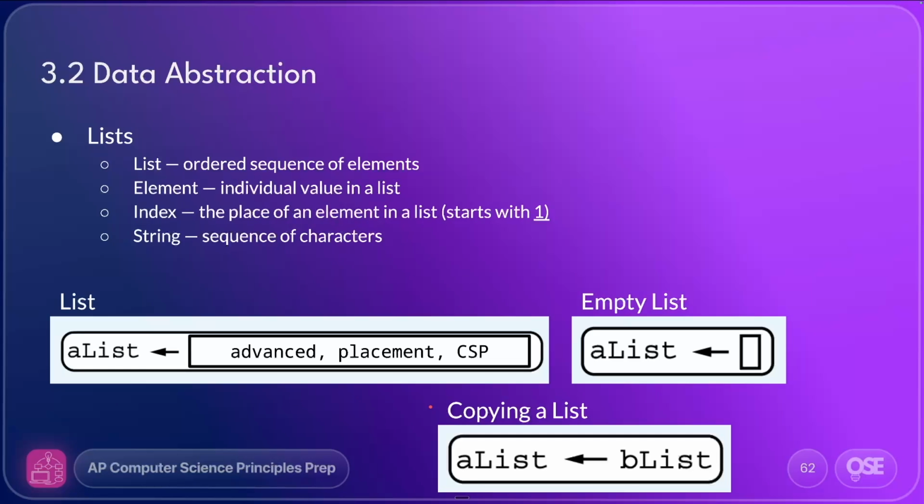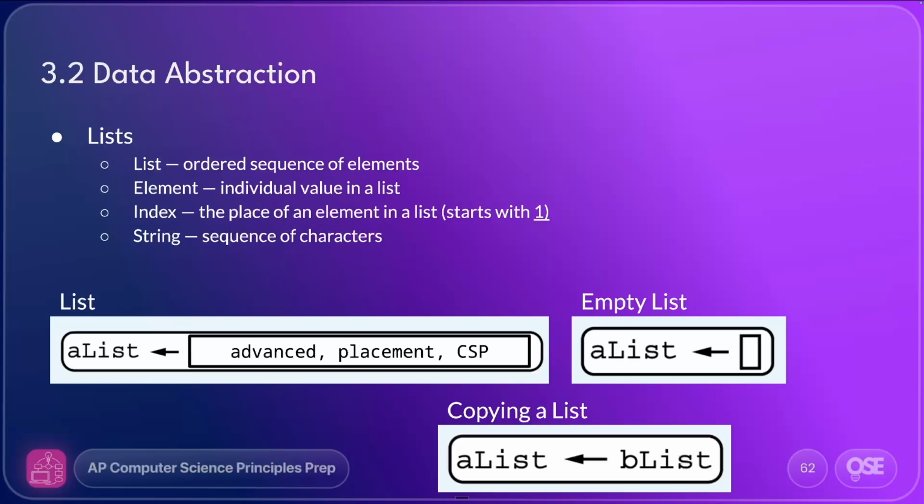Data abstraction. First data abstraction we're going to learn is a list. A list is an ordered sequence of elements, and each element is an individual value in the list. So for example, advanced placement in CSP, all of these are separate elements. Index is where an element starts in a list. Now here's where the College Board gets a little goofy. They start with 1 instead of 0.